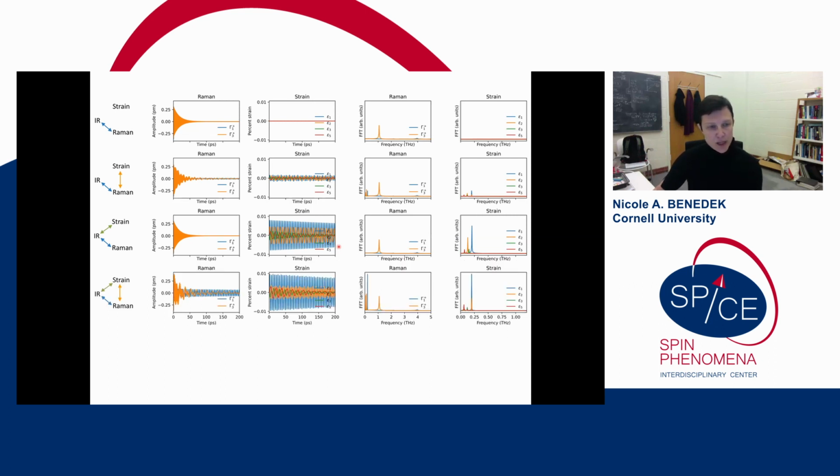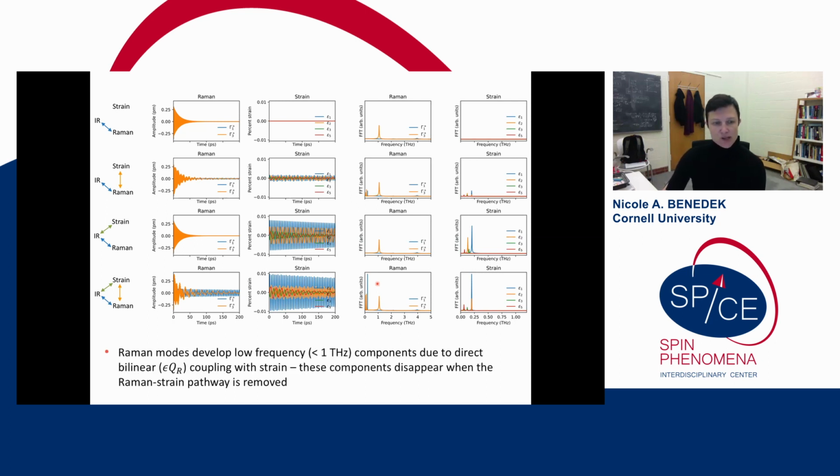And then if we allow coupling with everything, then amplitudes get bigger, but the qualitative picture doesn't change very much. Right, so again, those Raman modes develop these low frequency components due to direct bilinear coupling with strain. Those components disappear when the Raman strain pathway is removed.